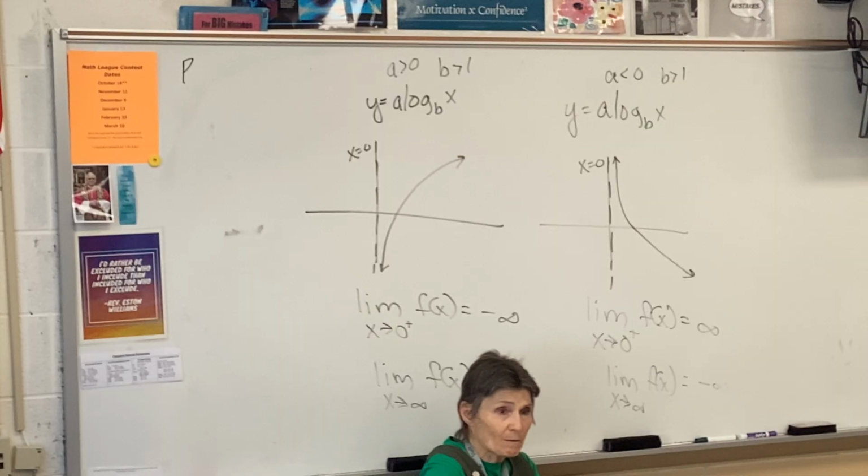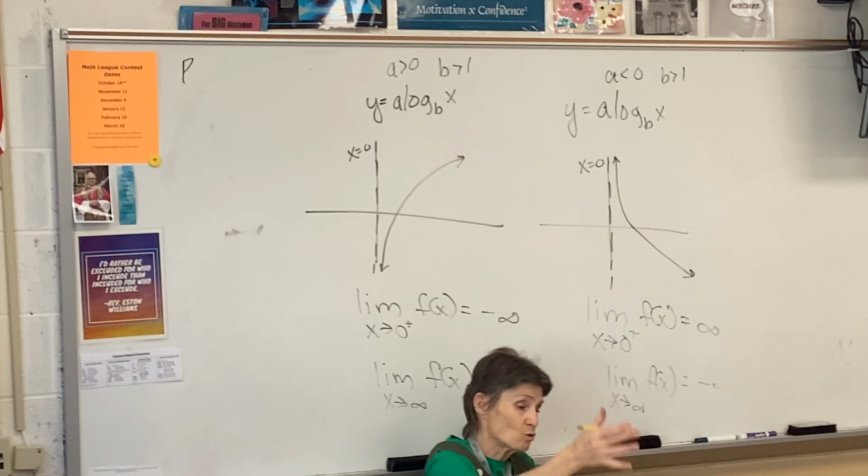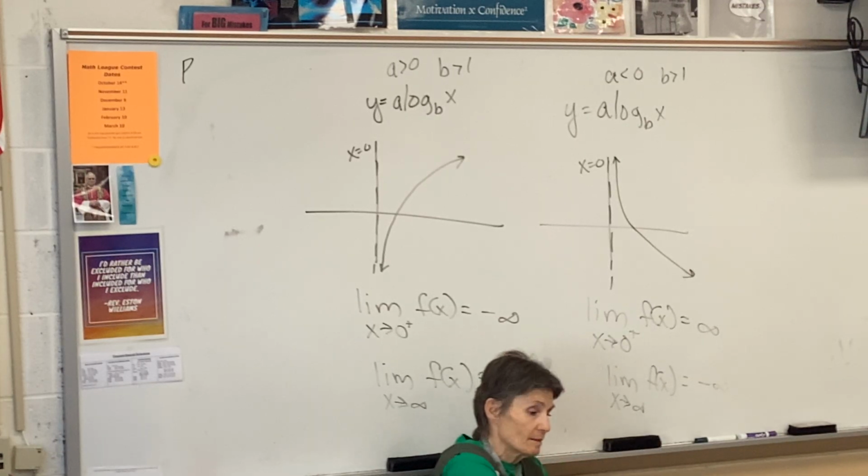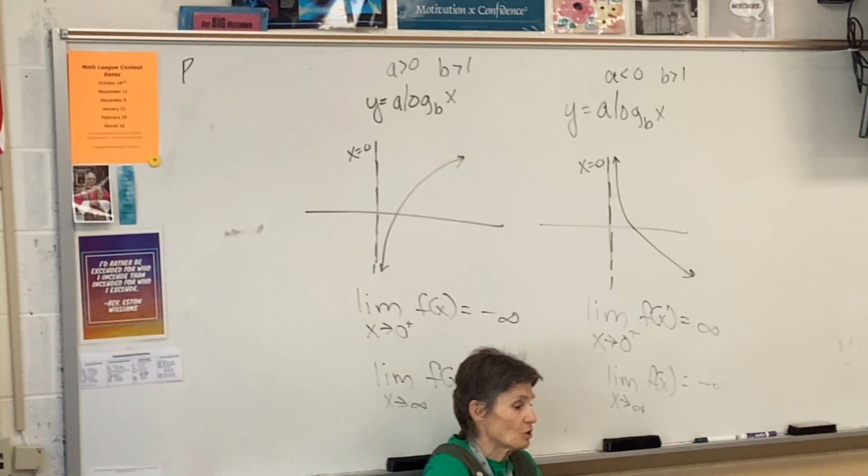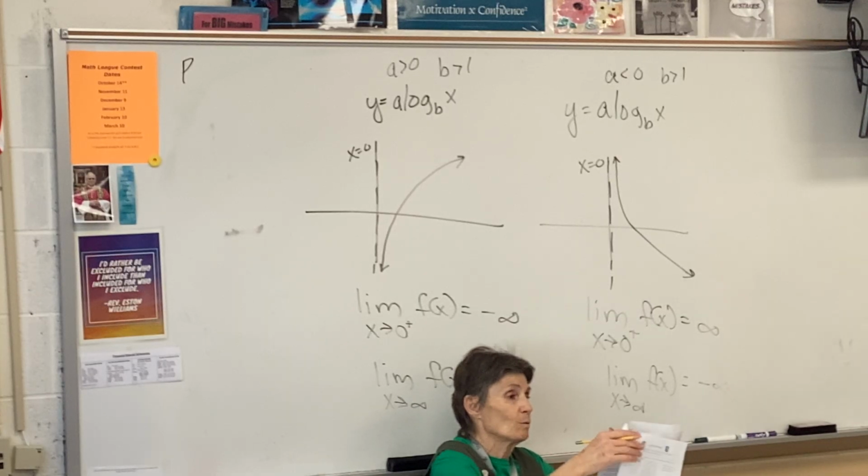Normal logarithms have a base bigger than 1. When you make the base less than 1, that's when you have to flip it. This has a base of 3, so it's normal, it's positive. So your answer to C should be exactly the same as your answer to A. Would everyone agree with that?